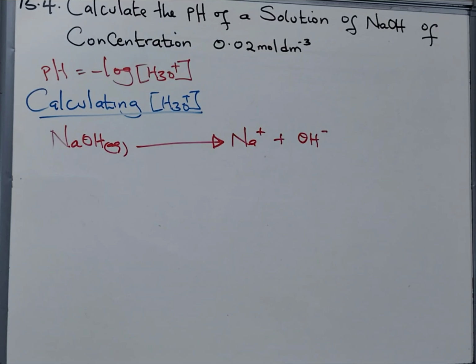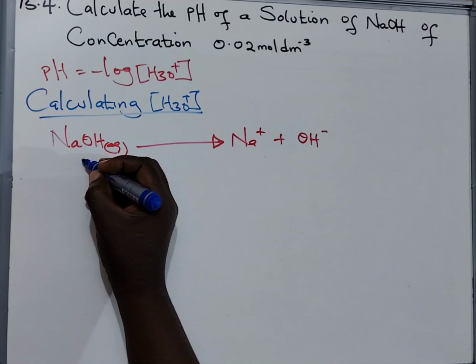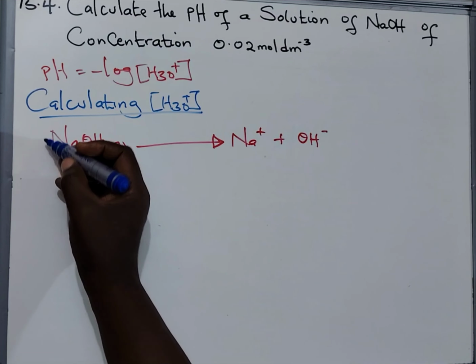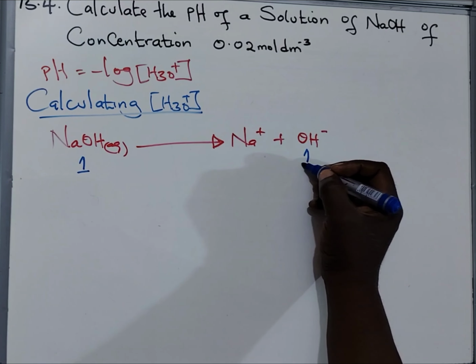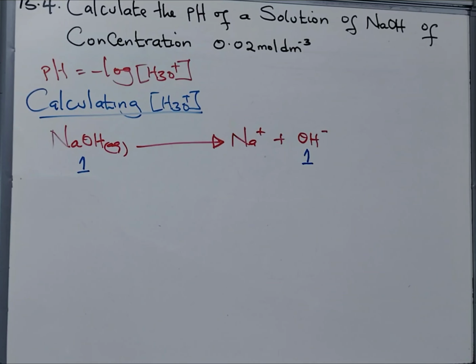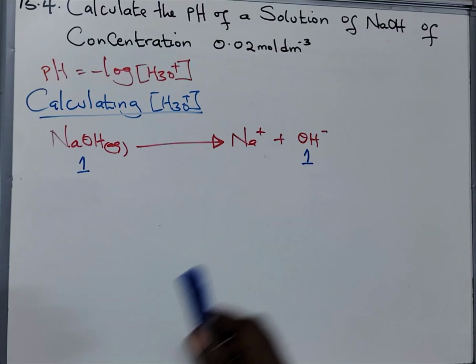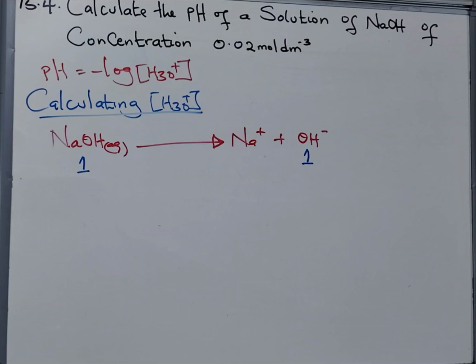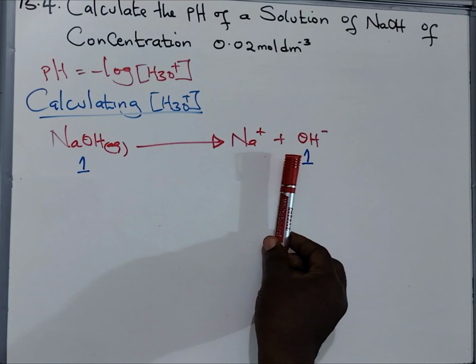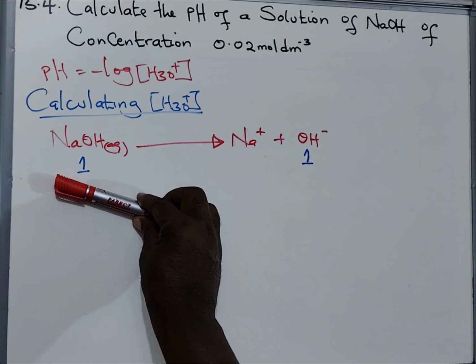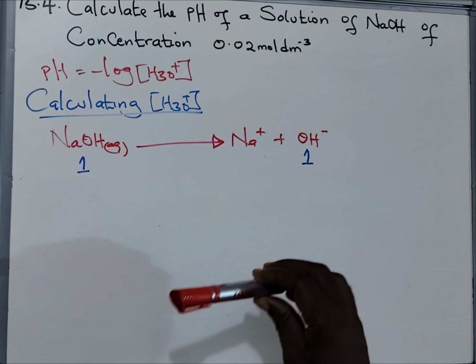But you have to remember that when you analyze the equation, it is balanced, and the number in front here is 1, and what you have here is 1. Our interest is in hydroxide ions, so the mole ratio is 1:1. So when this one is completely dissociated, what you have here will be exactly that.